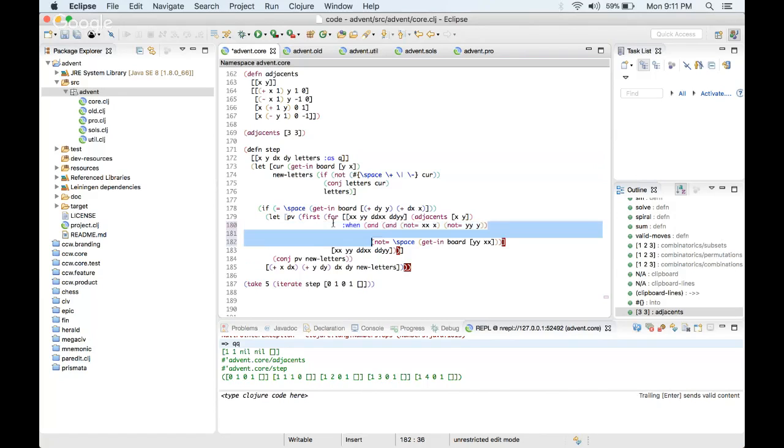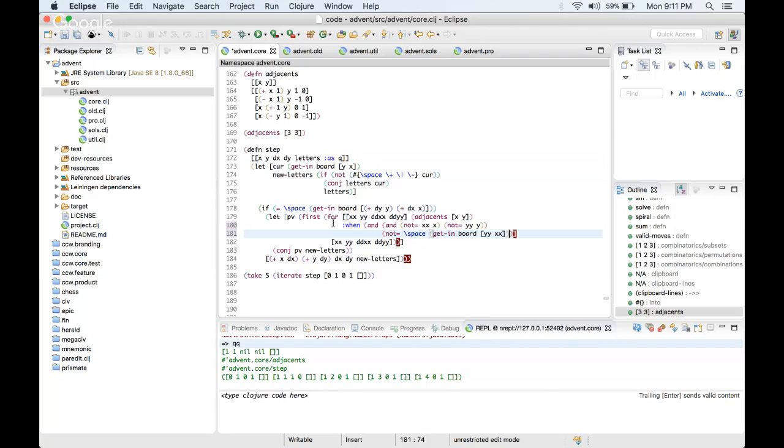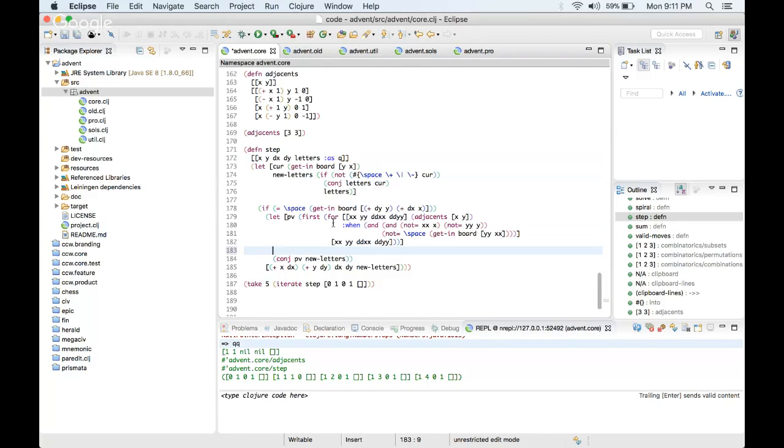Okay. So all of these need to be true. Okay, and then I think based on this that we can do something like if PV, then return this thing here, and otherwise I think like this kind of thing.